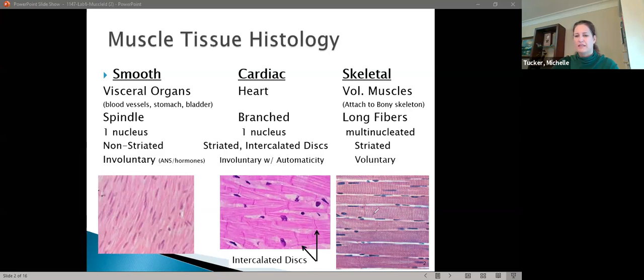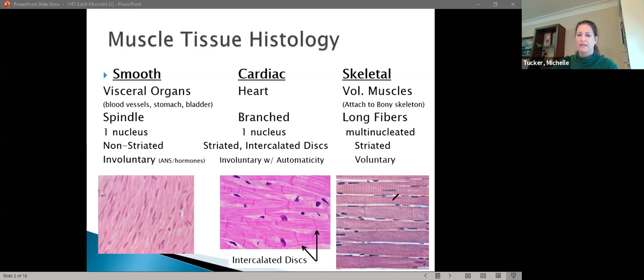And inside, the fiber becomes so packed full of muscle protein, actin and myosin being the dominant ones, that the nuclei get squashed and pushed right underneath that plasma membrane. So these dark oblong structures here are nuclei, and this is showing how this is multinucleated.